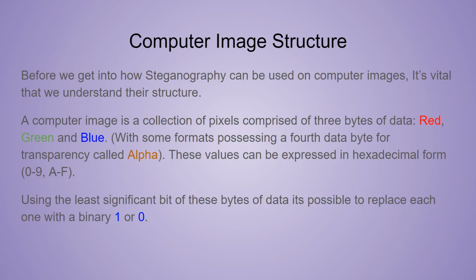As far as what we can do with steganography, we can use the least significant bits of the data in these pixels and replace the least significant bit of these bytes of data with a binary 1 or 0.